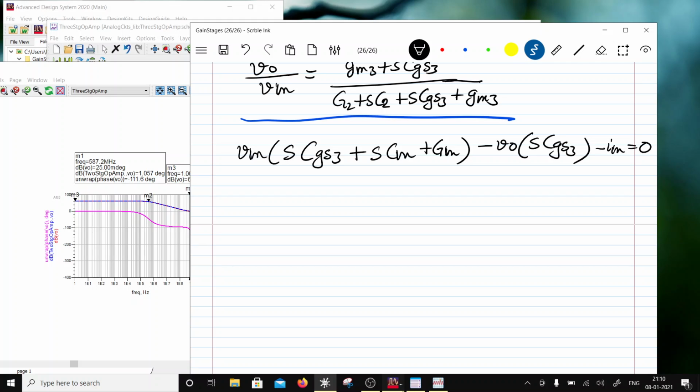So now I can substitute V in from that equation. From this equation I'm going to substitute V in.